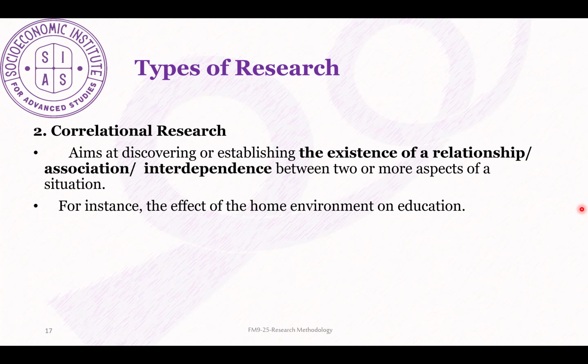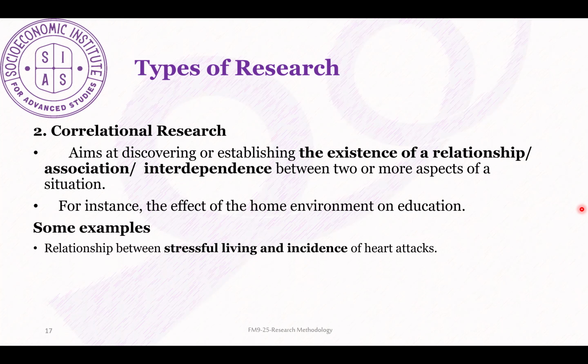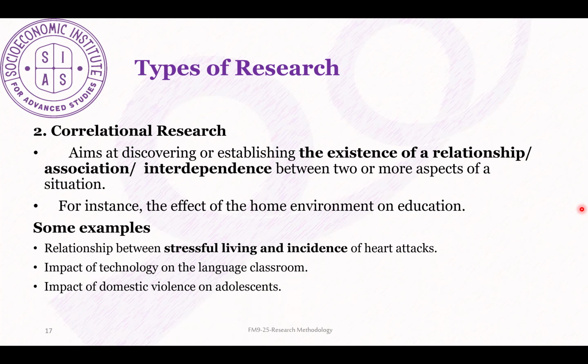For instance, the effect of home environment on education, it can be correlated with each other. Some other examples of that will be relationship between stressful living and incidence of heart attack, or for example, impact of technology on the language classroom, or impact of domestic violence on adolescents.